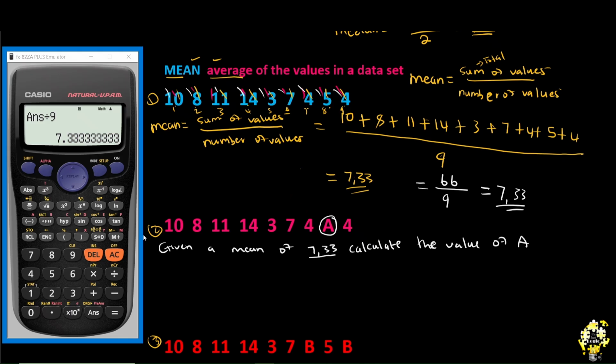I'm going to say that mean is equals to the sum of values divided by the number of values.